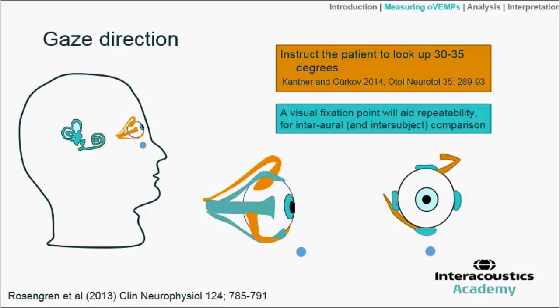And so we can see there that that has the obvious effect of moving at least slightly the belly of the inferior oblique muscle relative to the electrode. You might imagine that it moves the belly of the muscle just slightly closer to the electrode. That's at least part of the explanation for looking upwards and why that might be important.